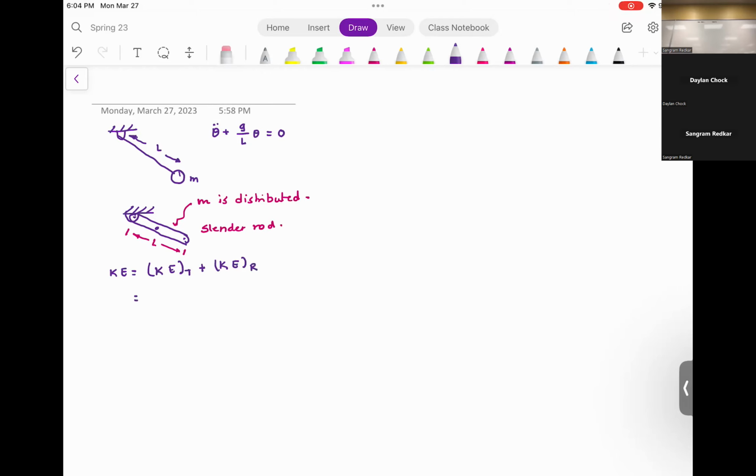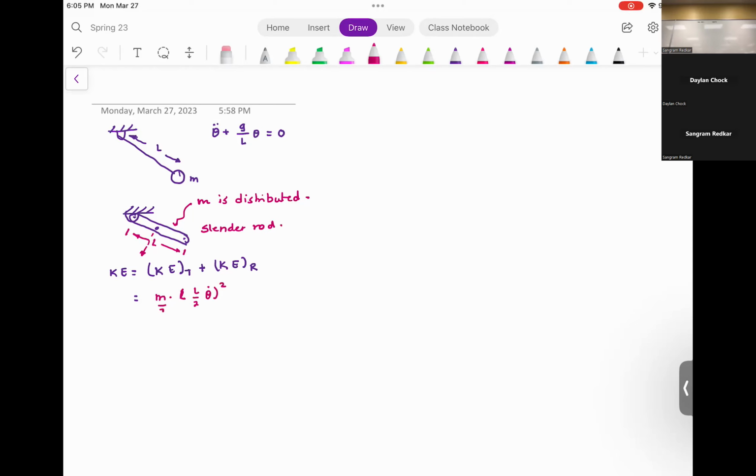For kinetic energy of translation, this mass M is located at the centroid, so the velocity of this mass is going to be L by 2 theta dot.